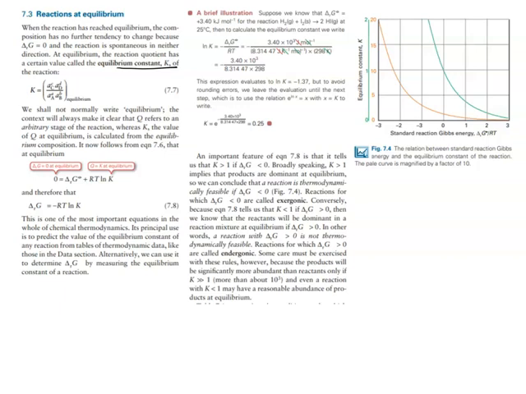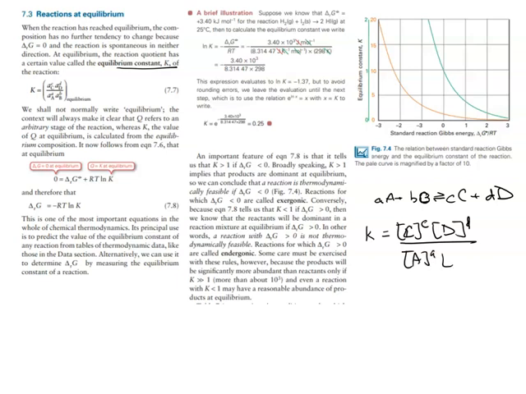Now, I keep saying this, but let me break this down in a fashion that you may have seen before. For aA plus bB in equilibrium with cC plus dD, K is going to equal, and you've probably seen it drawn like this, the concentration of C raised to c, the concentration of D raised to d, over the concentration of A raised to a, and B raised to b.